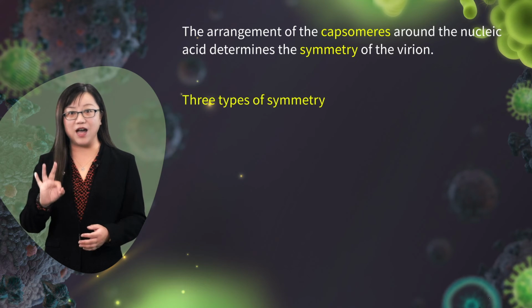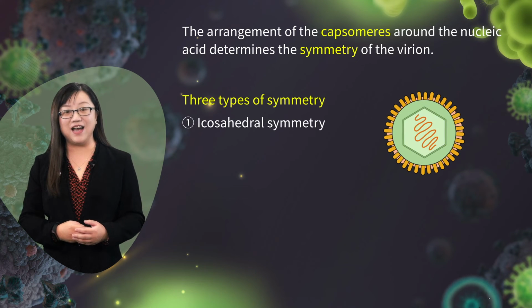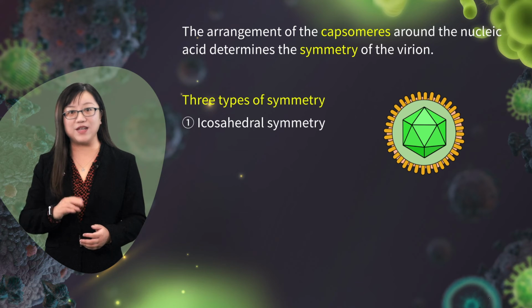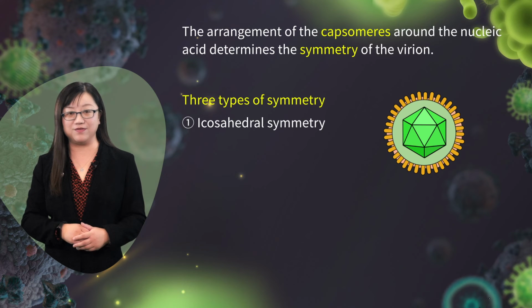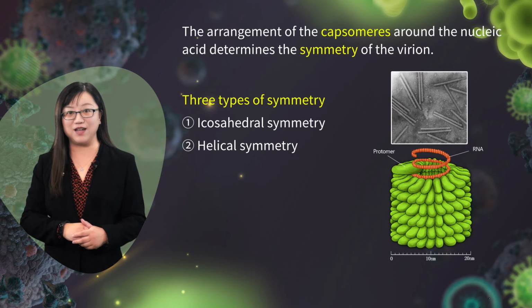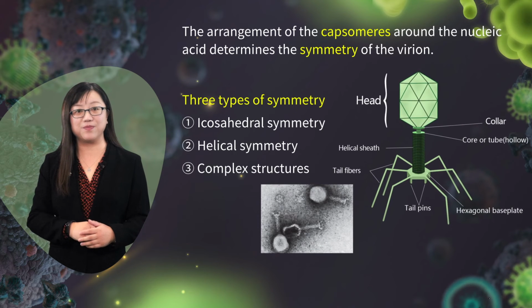There are 3 types of symmetry. 1. Icosahedral symmetry. Icosahedral means 20 faces. The virus looks round and it is the most efficient structure. 2. Helical symmetry. 3. Complex structures.